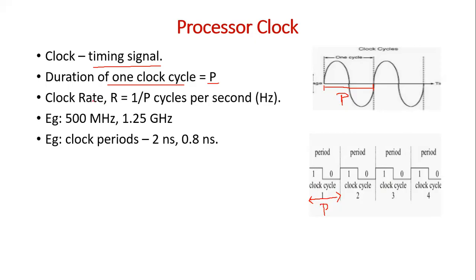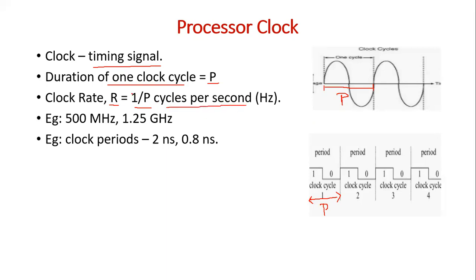Then there is something called clock rate. We represent clock rate as R, which is equal to 1 by P. 1 by P is the clock rate R, and that is the number of cycles per second.